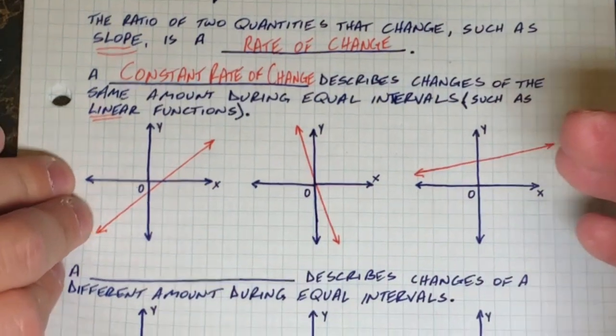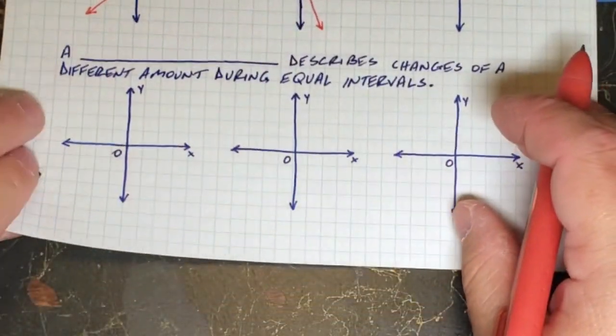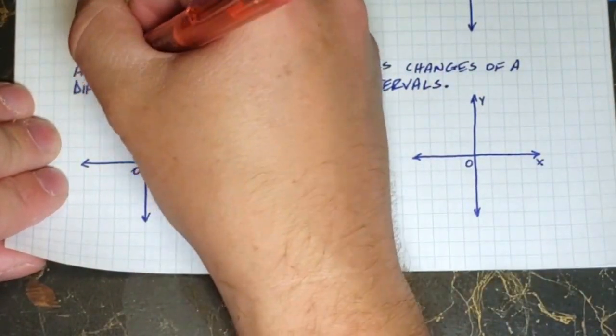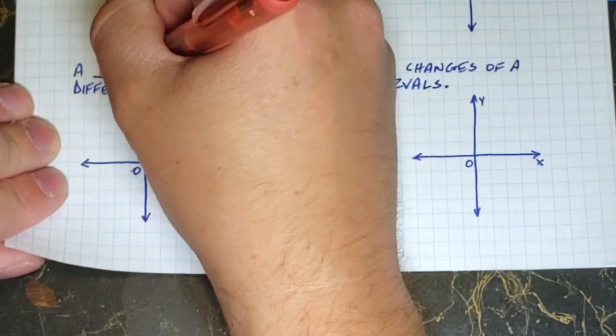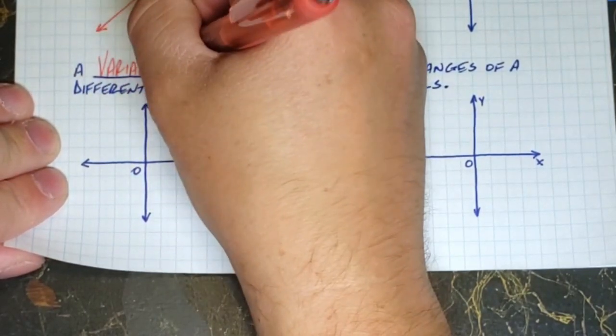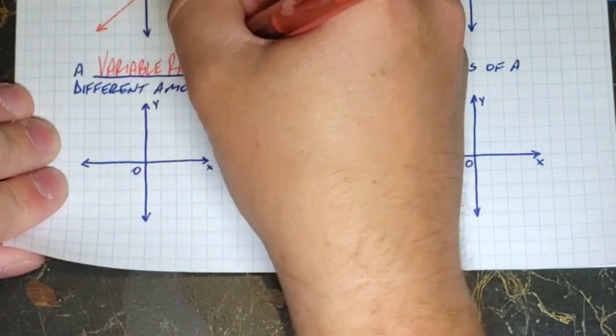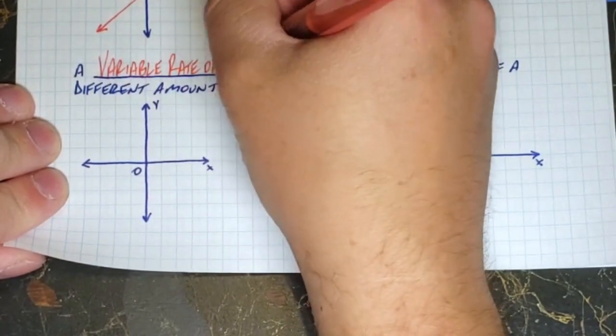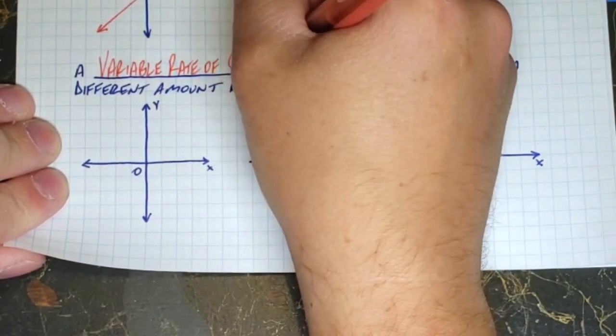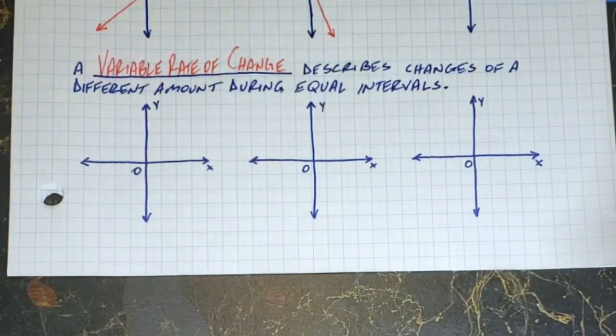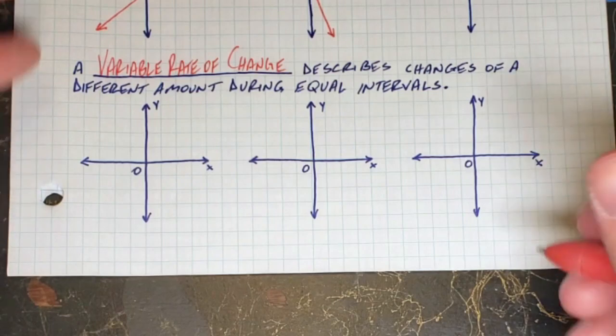On the flip side of that is what is called a variable rate of change. All right, and a variable rate of change can show up in many different forms.